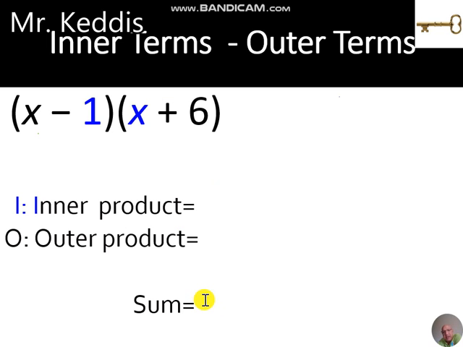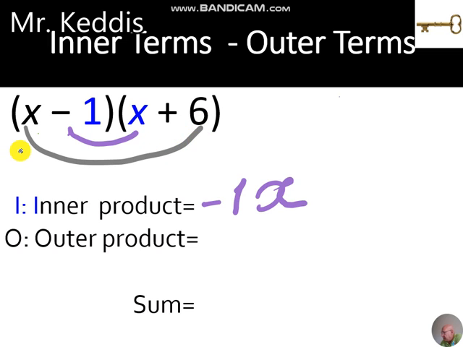We need to find the inner product and the outer product. This is the inner product, which is negative 1 times x. I get negative 1x. And this is the outer product.